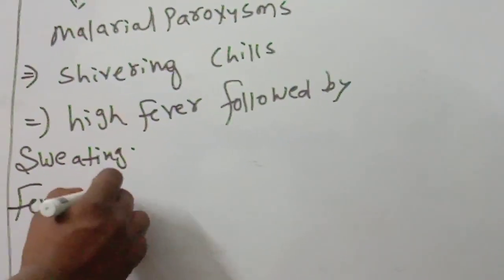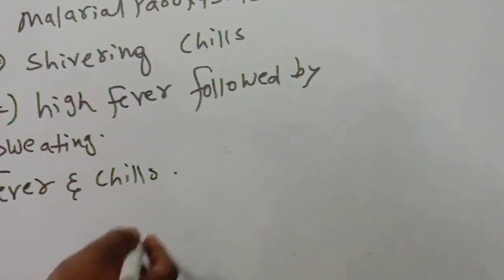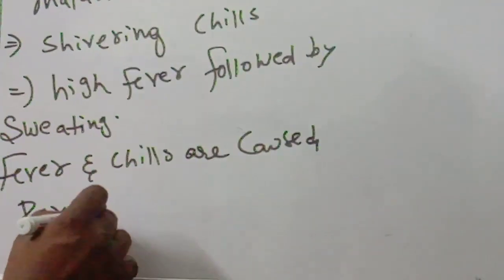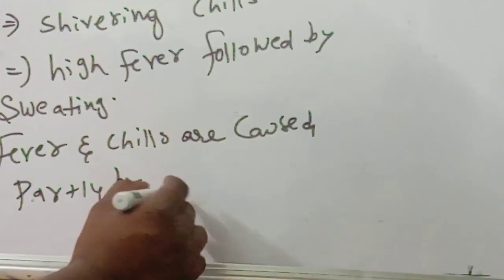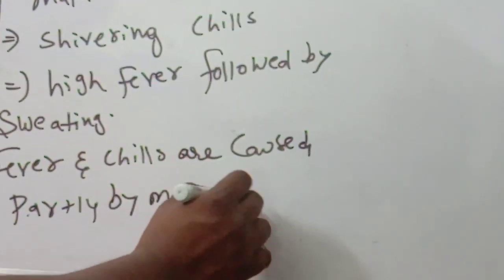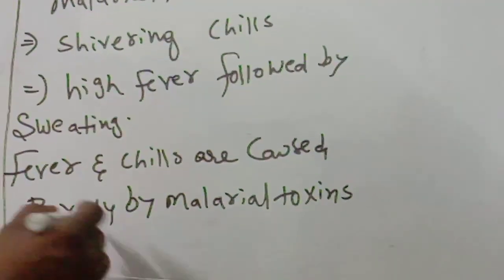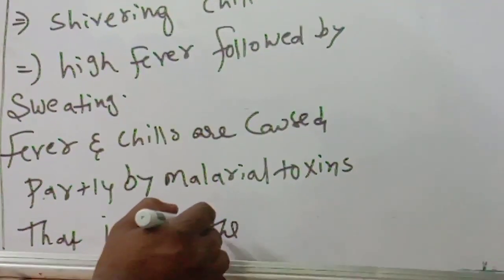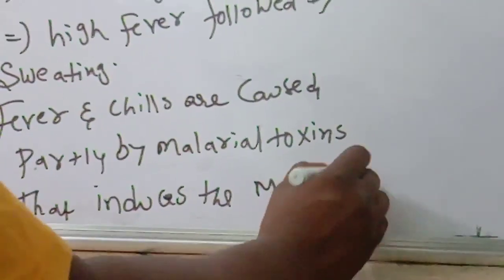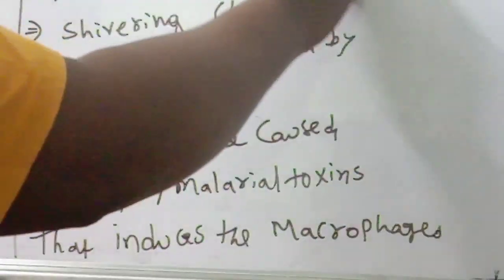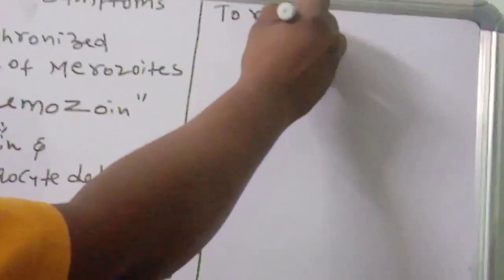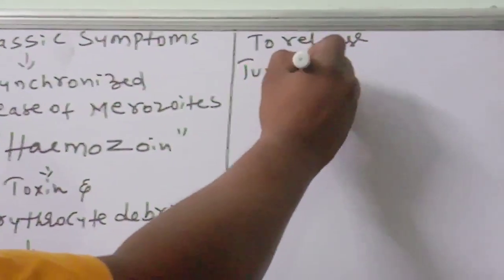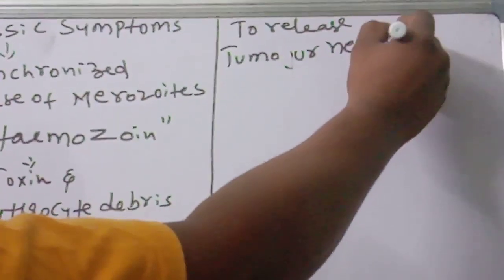Fever and chills are caused partly, okay children, by malarial toxins that induce macrophages to release, very very important, tumor necrosis factor.